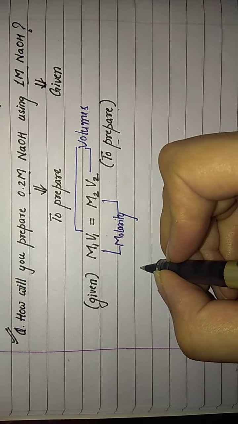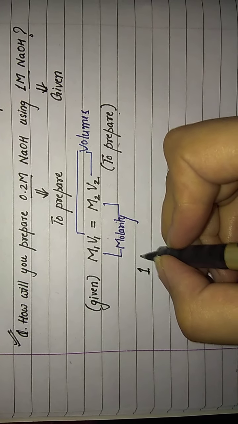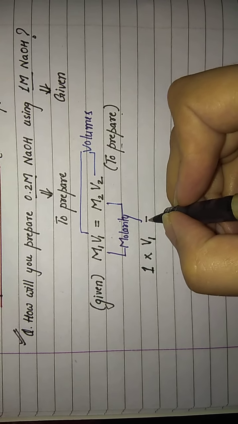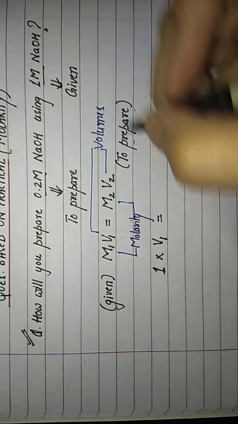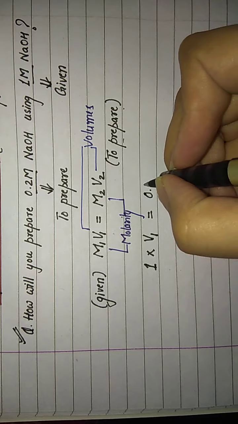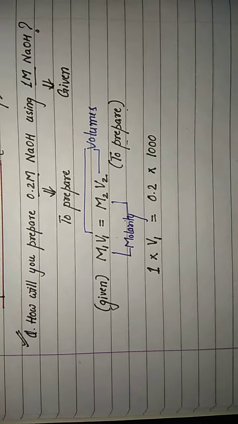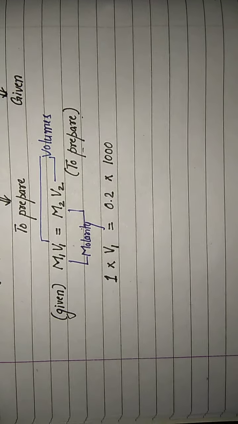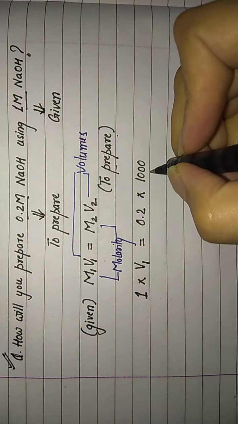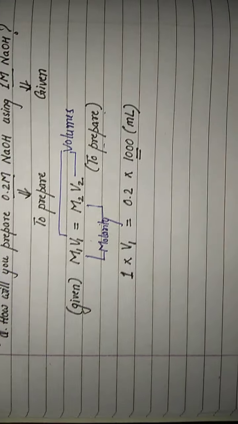I will write 1 molar NaOH into its volume will be equal to, this is the portion to be prepared, so it is 0.2 molar into 1000. As the definition of molarity says, number of moles of solute per liter of solution, so we will be using 1000 ml here, which is 1 liter.